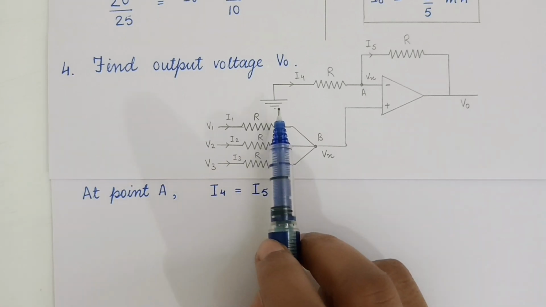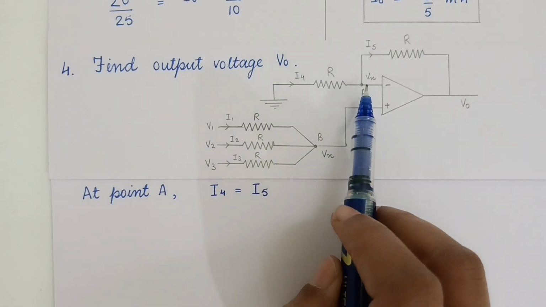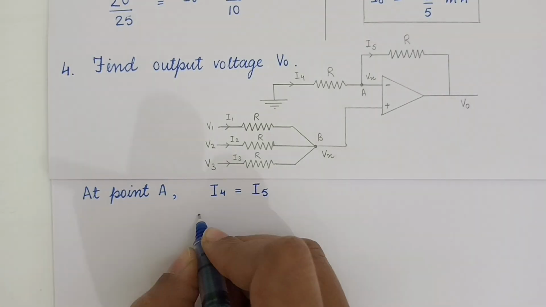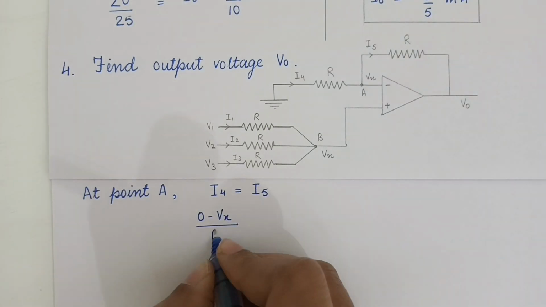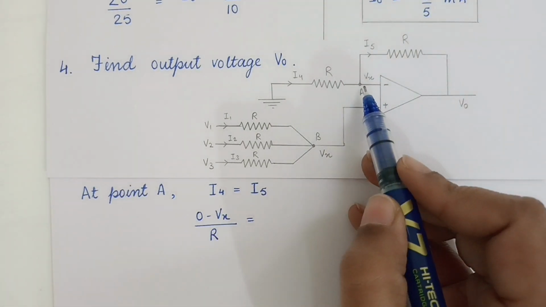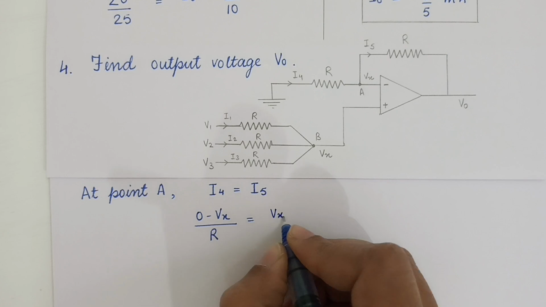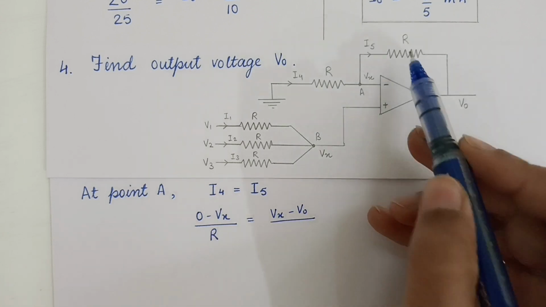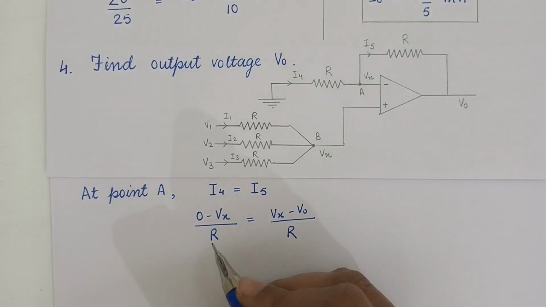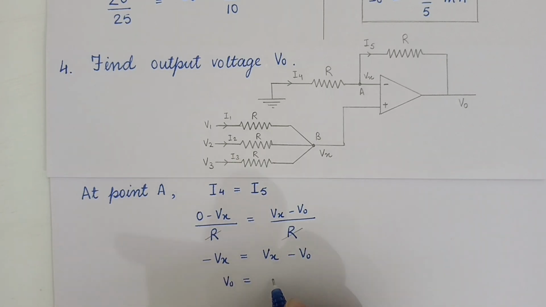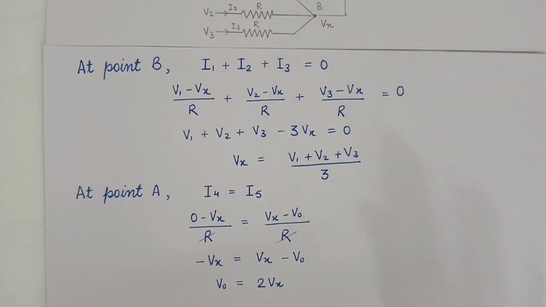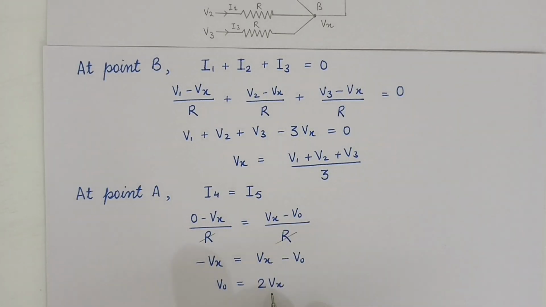And here as it is grounded, so 0 minus Vx divided by its resistance R is equals to Vx minus V0 divided by R. Now this will cancel out and we can see that minus Vx is equals to Vx minus V0. From here we will get V0 is equals to twice of Vx.